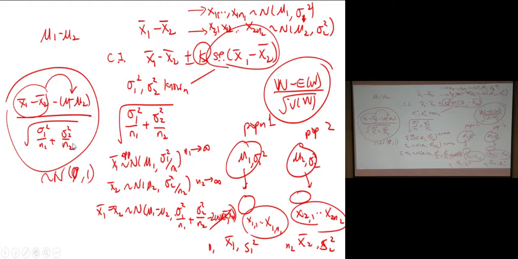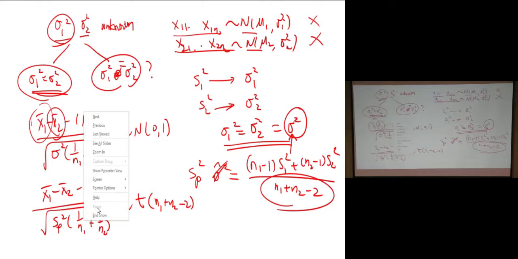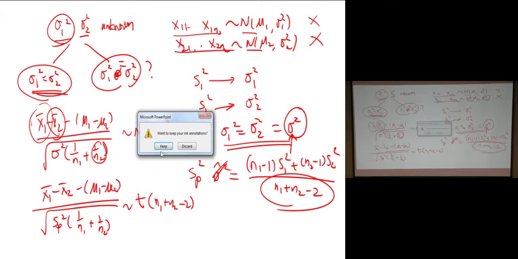If your sample size is big, although they are not normally distributed, I'm going to replace this by S1 square and this by S2 square, and then treat it as approximately standard normal. But this is provided that you have big samples, N1 and N2 are big.